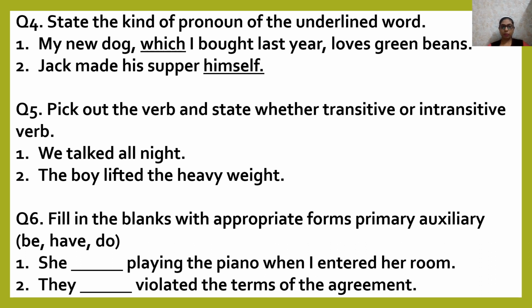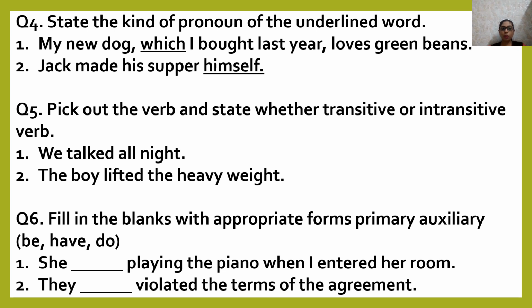The next question, question 6. Fill in the blanks with appropriate forms of primary auxiliary: be, have, or do. Now, children, we have learned this topic on primary auxiliary. There are three words under it that we learned, that is be, have, and do.